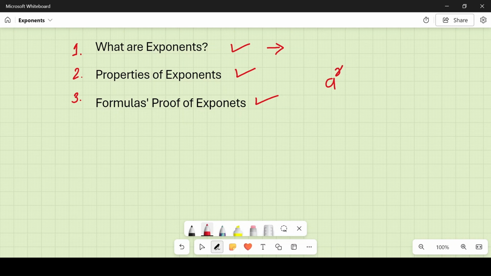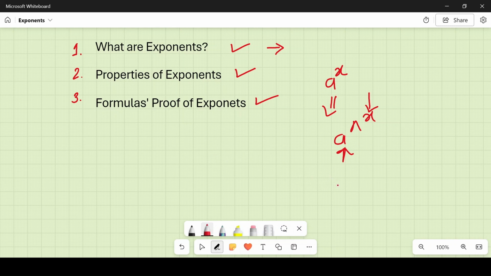So a^x is represented as a with a superscript x, where a is the base and x is the superscript that tells how many times a is going to multiply by itself. So let's see with an example.